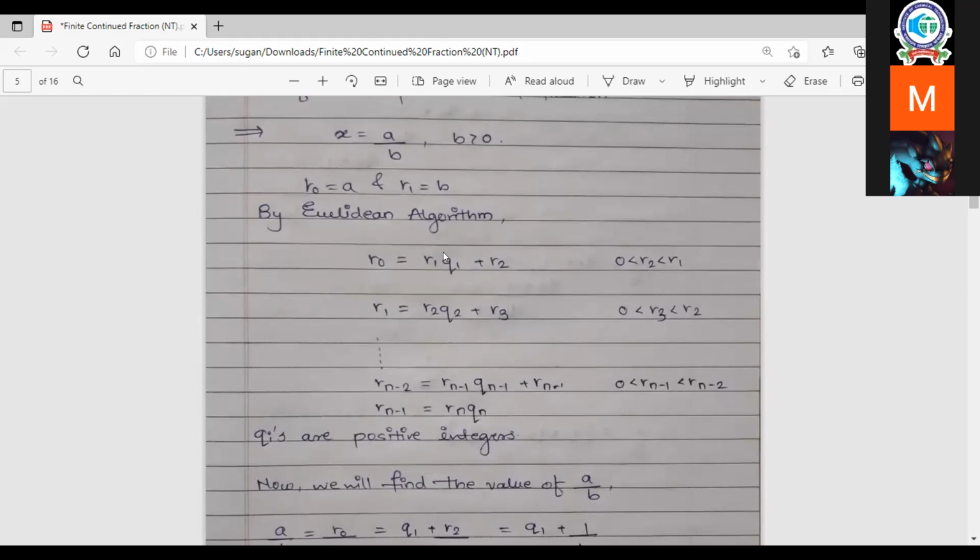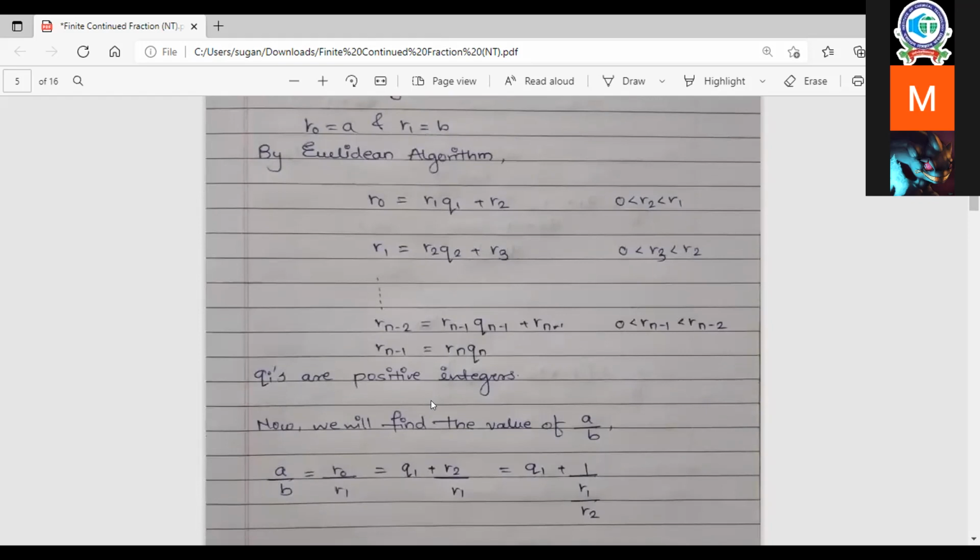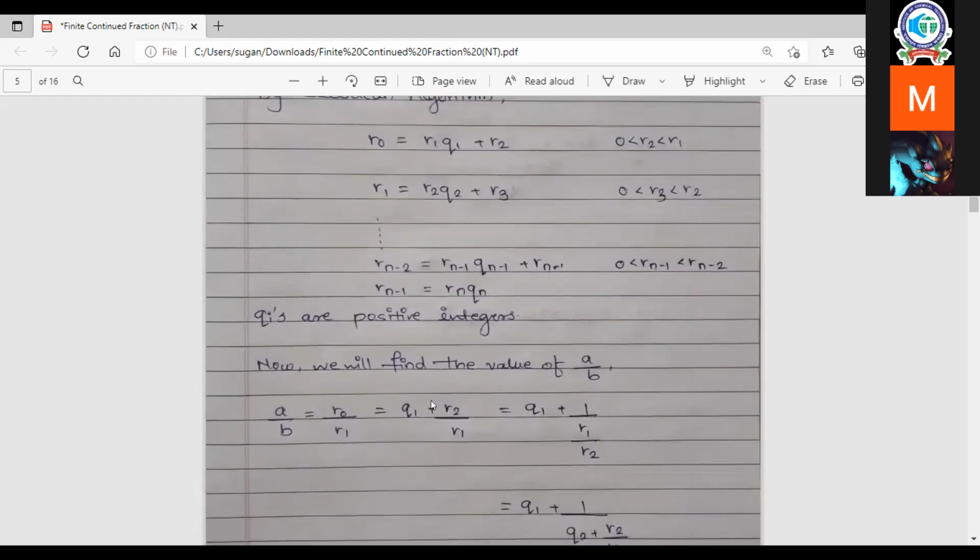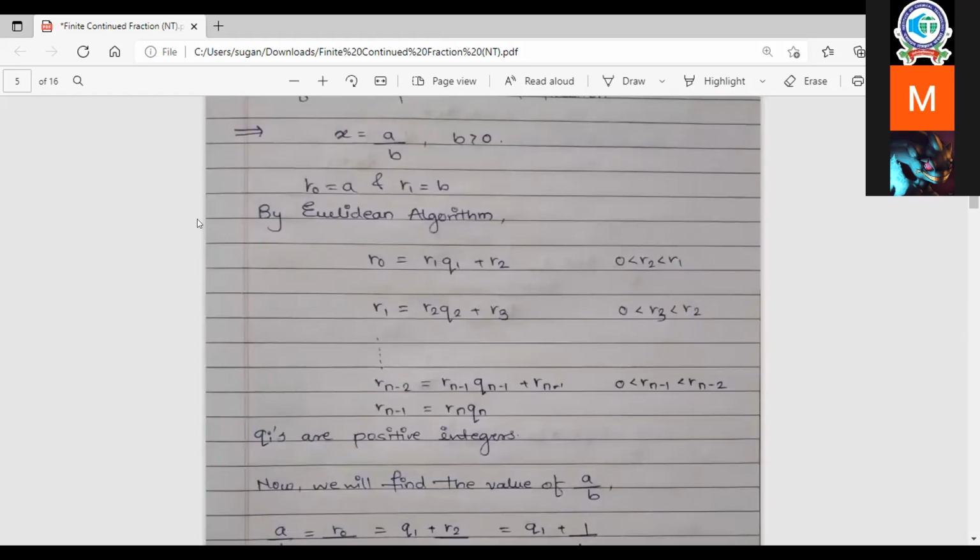Note that here all these Q1, Q2, Q3 up to Qn are positive. Now we will find the value of a by b from this Euclidean algorithm. We know a by b is nothing but R0 upon R1, as we have already assumed.